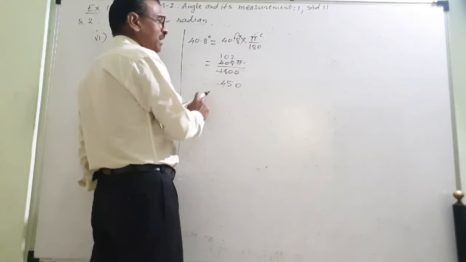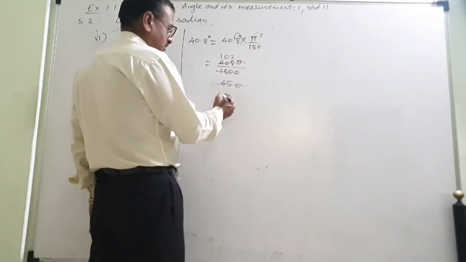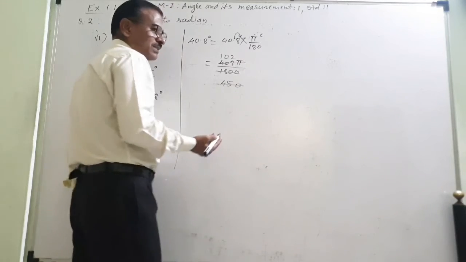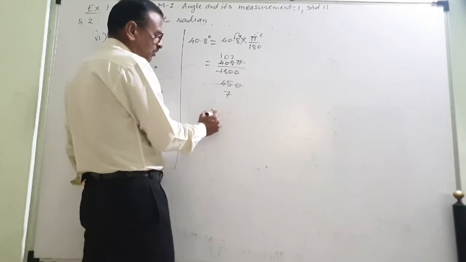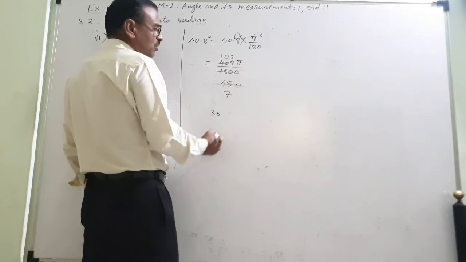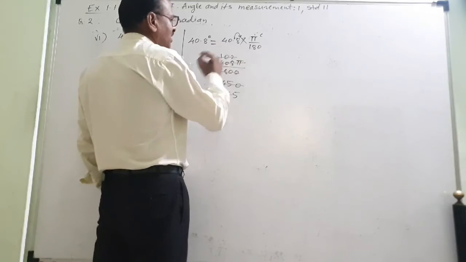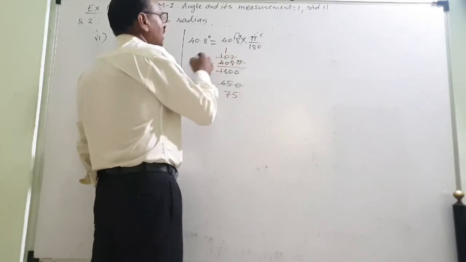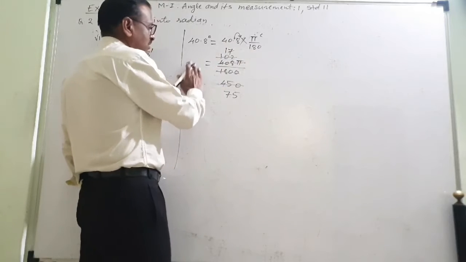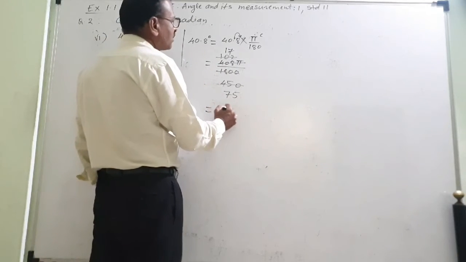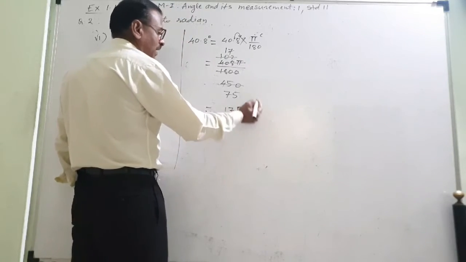By 3 also I can, and by 2 also, means overall by 6 I can divide. 6 fives are 30, 6 sevens are 42. So overall the answer is 17 pi by 75 radian.